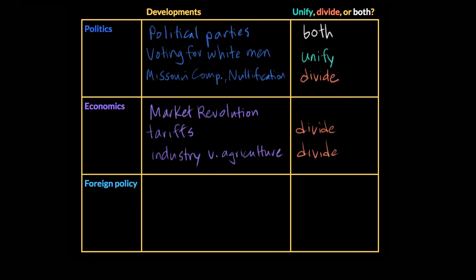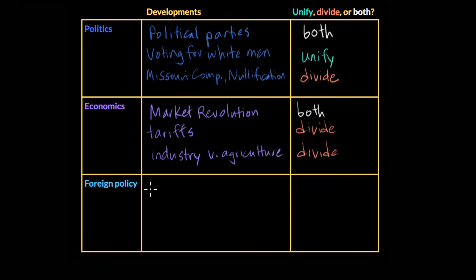The market revolution is a bit tricky to categorize. It promoted some ties between the sections because it became easier to conduct business over long distances due to innovations in transportation and communication. But a lot of the major networks of transportation and communication connected the North and the West to each other, not the South.